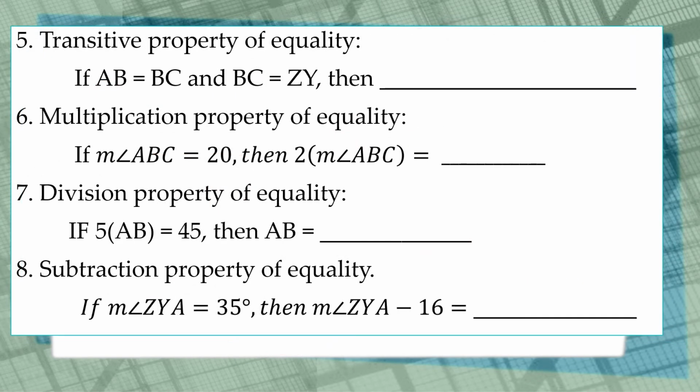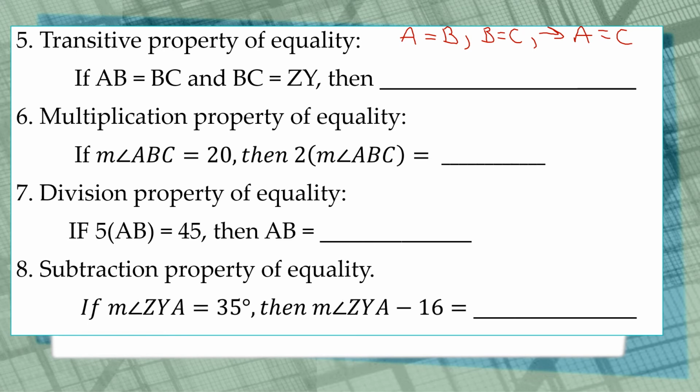Transitive property of equality. Again, remember this one's going to have to have a flow to it. Remember transitive property, initially we said if A equals B, and then we know that B equals C, then what can you conclude? You can conclude that A is equal to C. So it has to have a flow to it like that.